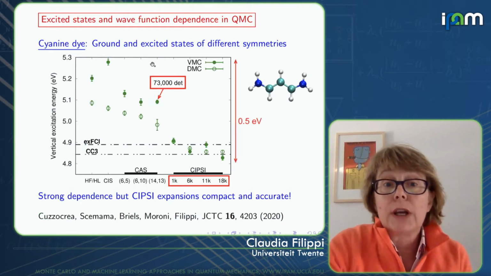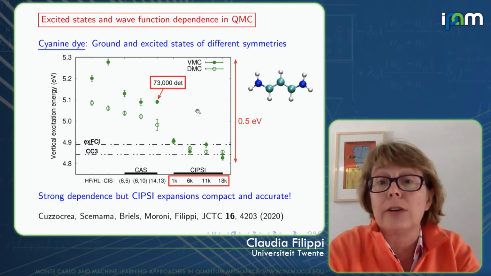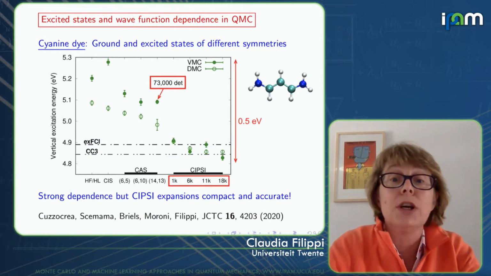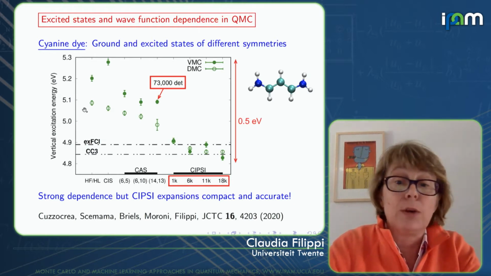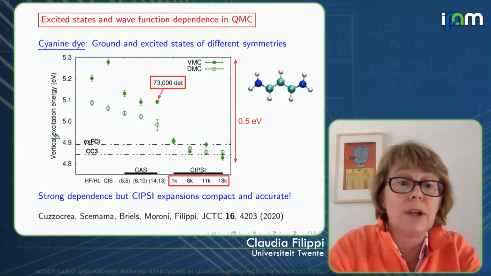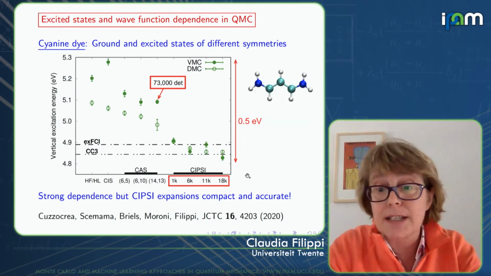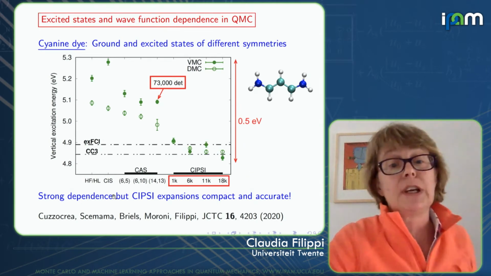So now I'm going to show you the result: the impact on variational Monte Carlo and diffusion Monte Carlo of choosing different wave functions for the excited state. I'm looking at this cyanide dye, relatively small, at the vertical excitation energy. Here on the x-axis we have different wave functions.